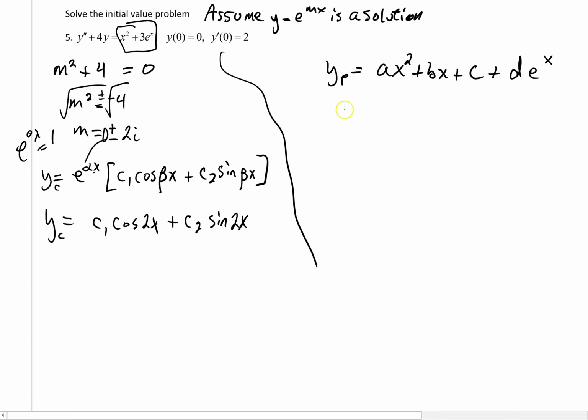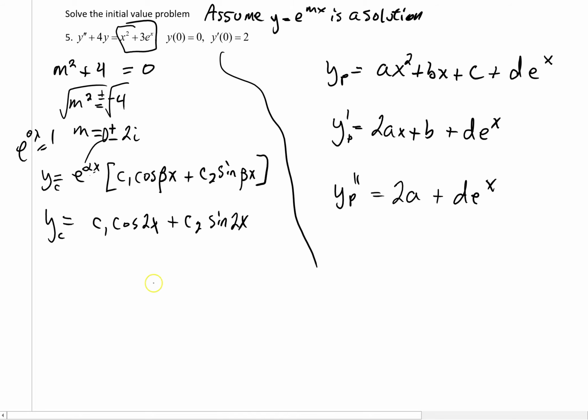Now this derivative is quite a bit easier than our last problem, thank goodness. We'll just have a 2ax plus b. Of course, the c goes away, and we'll have a d e to the x. We'll take a second derivative, and we'll just have a 2a plus d e to the x.